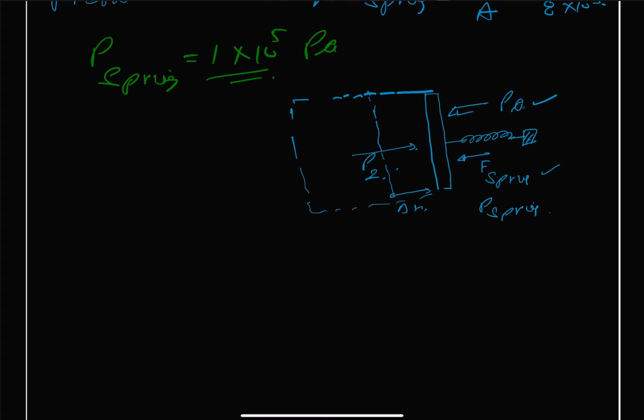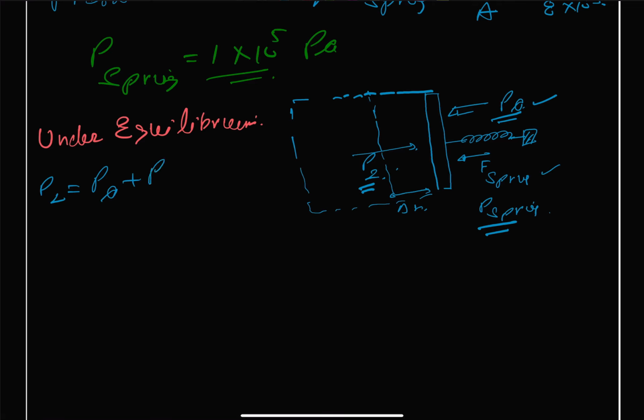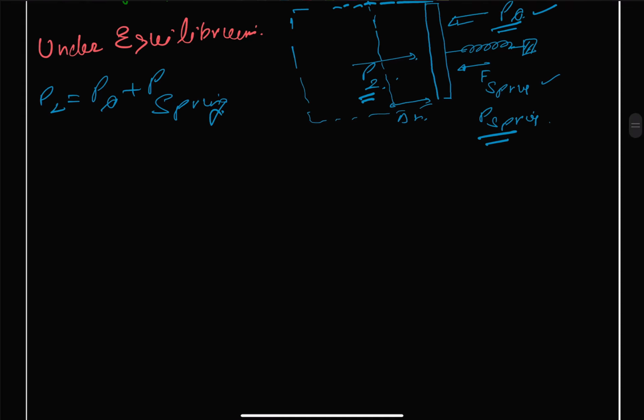So under equilibrium condition, this P2 should be equal to the summation of our PA as well as P spring. So we can say that under equilibrium, our P2 should be equal to PA plus P spring, and we know both values.